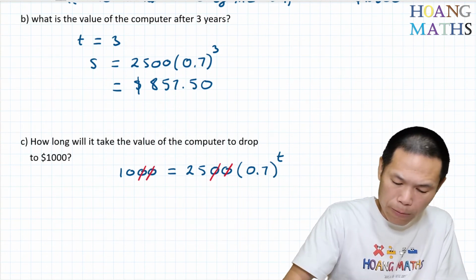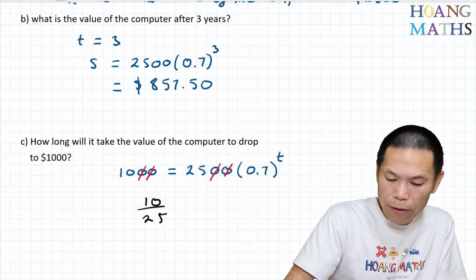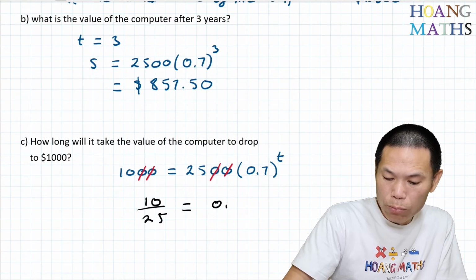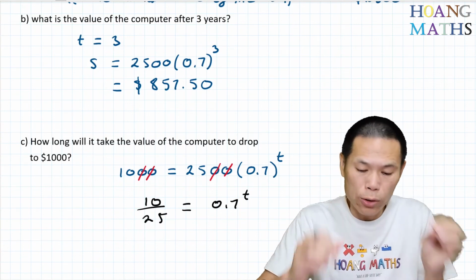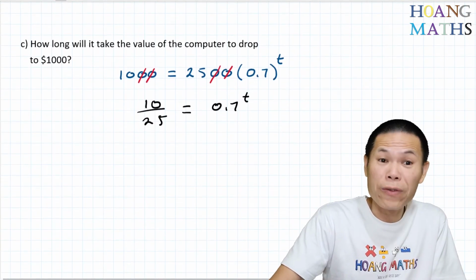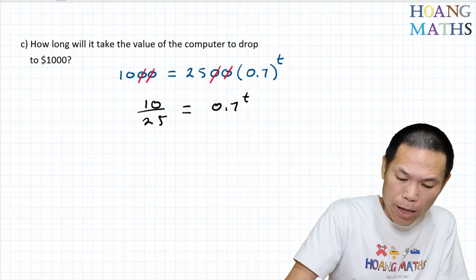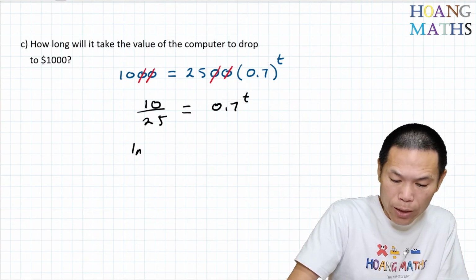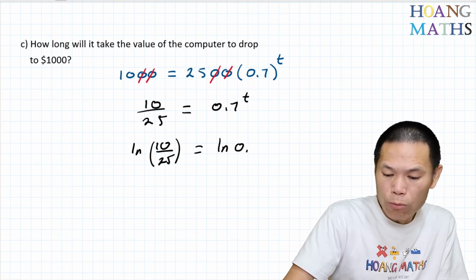So that will give me 10 over 25 is equal to 0.7 to the power of t. Then what I do, I take log on both sides. It doesn't matter whether I take base 10 or ln, doesn't really matter. So I just use ln. ln of 10 over 25 is equal to ln of 0.7 to the power of t.